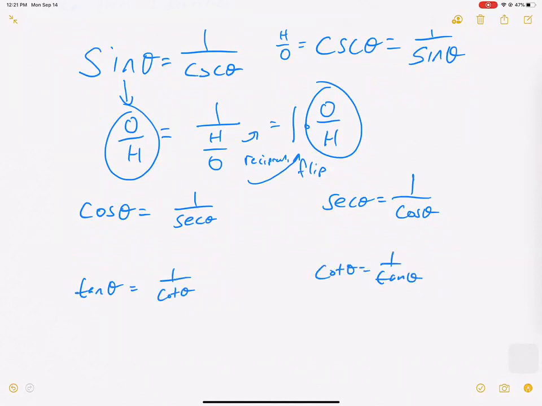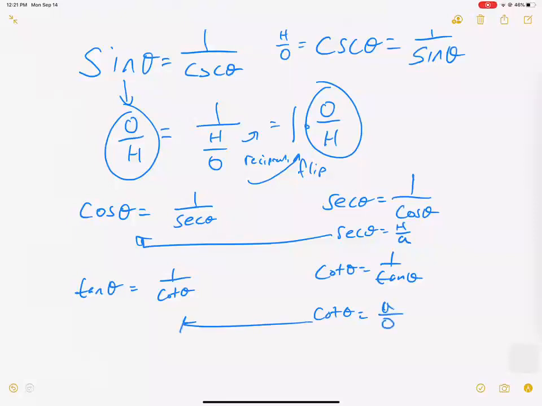This is just a funny way of saying it's the flip version. Secant is hypotenuse over adjacent, which is the flip version of cosine. Cotangent is adjacent over opposite, which is the flip version of tangent, which is opposite over adjacent.